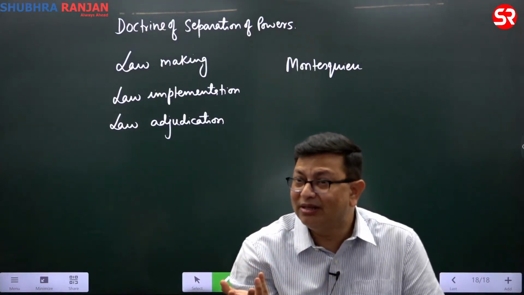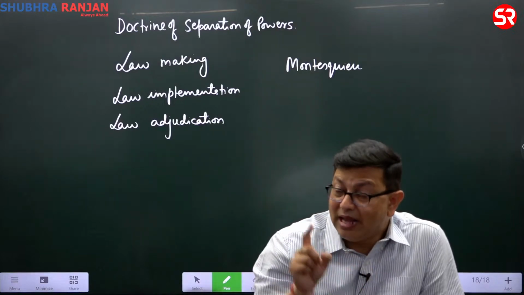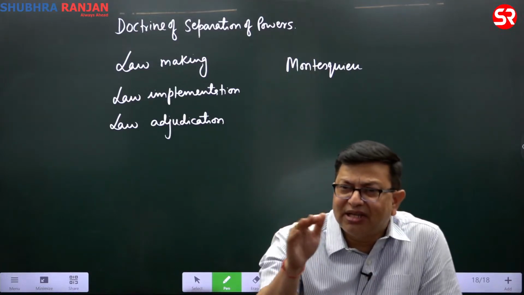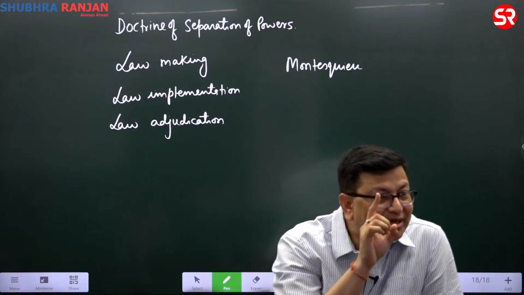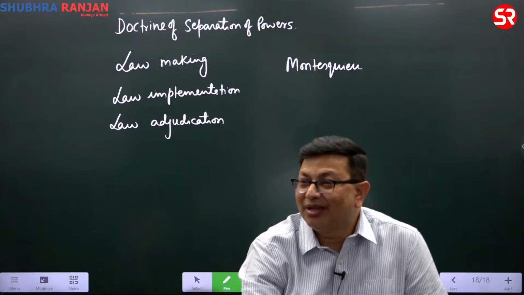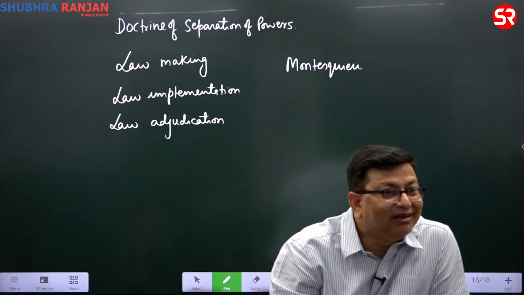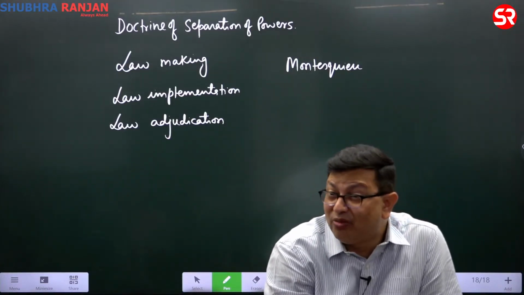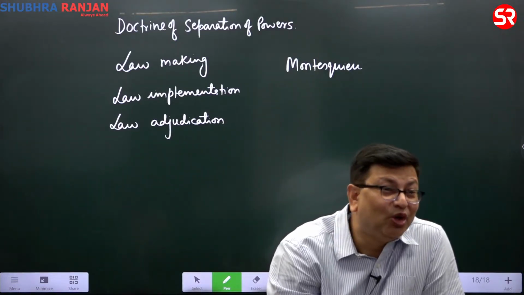It can be possible. The influential people will have a say in the legislative process, and then in the absence of proper checks, even the judiciary can go here and there. Because the members of the judiciary, that is the judges, are the product of this society only. They also have instincts. They can also indulge in corruption. So, absolute separation of powers is not desirable, it is not good also.